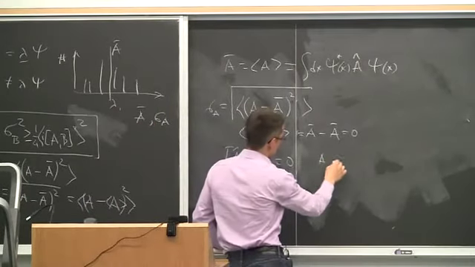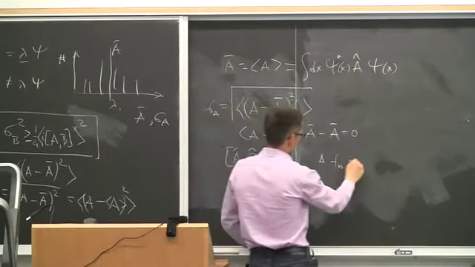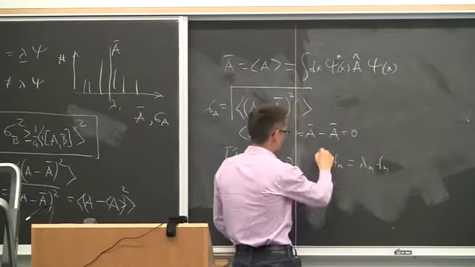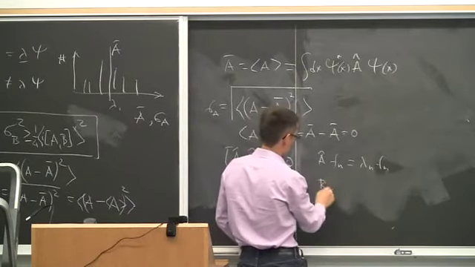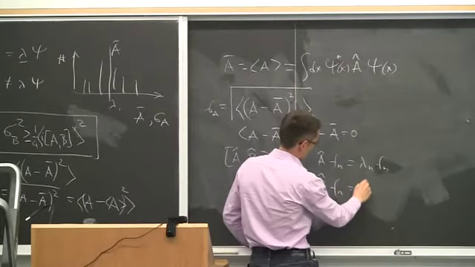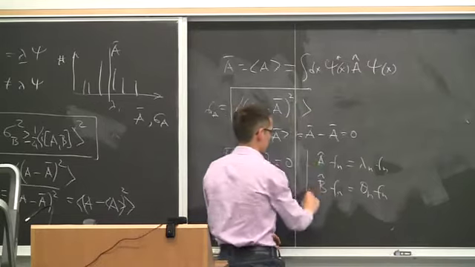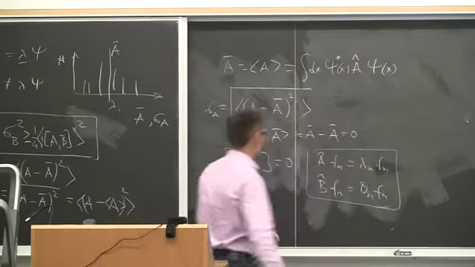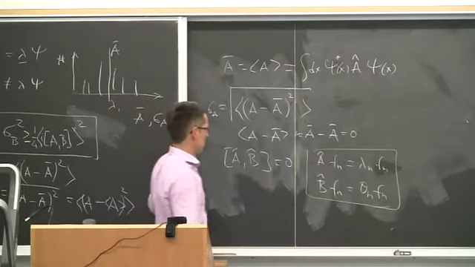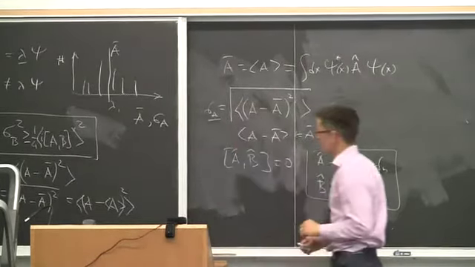It's not that any arbitrary set of eigenfunctions will be a set of eigenfunctions for both operators, but you can find a set that will satisfy these relations for the commuting operators. Now, if they don't commute, we have some sigma A's which are non-zero.